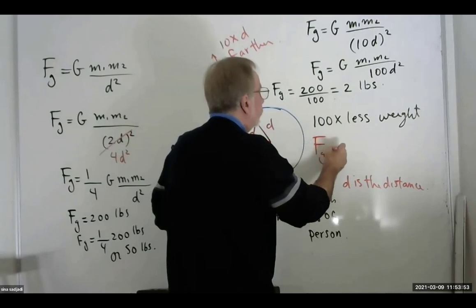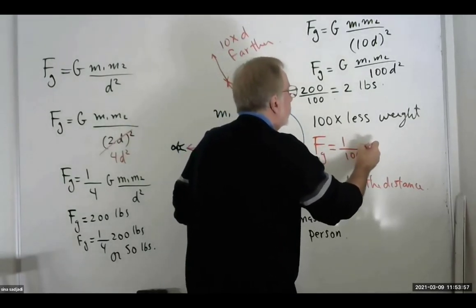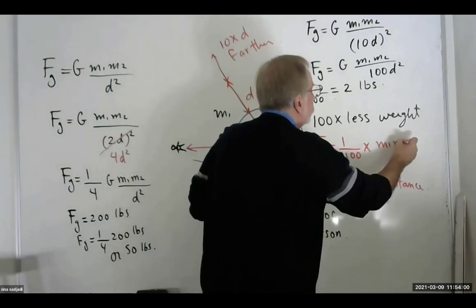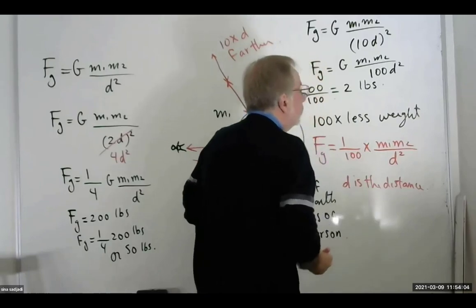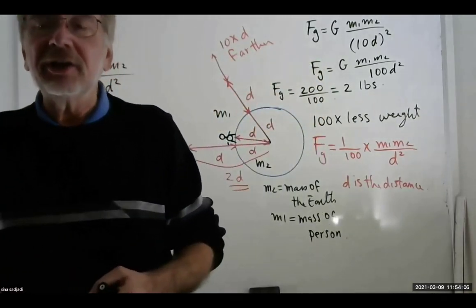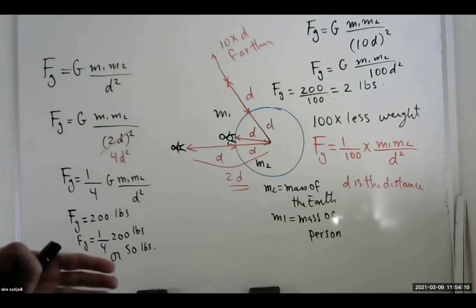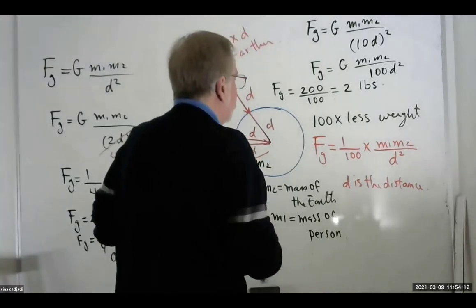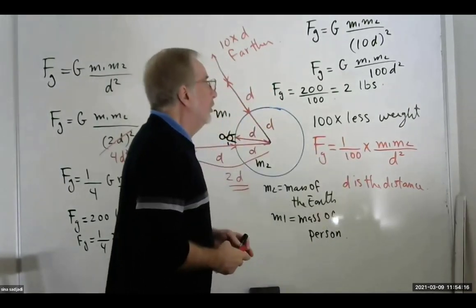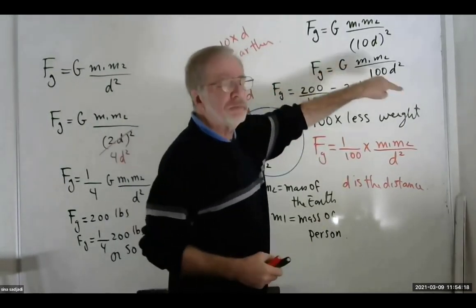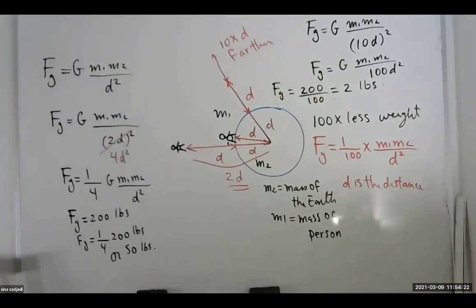Force of gravity is equal to 100th times M1, M2 divided by D squared. You can take the 100 that is multiplied times D squared, take it out and put it anywhere you want, right? That way I'm showing you exactly 100th. You should be able to figure it out, but maybe your math is not good. Not to worry, we're just trying to figure it out.